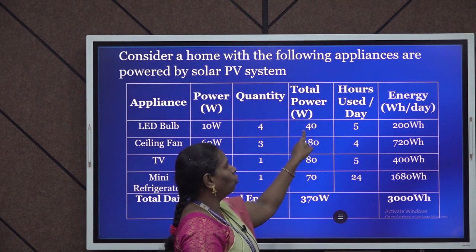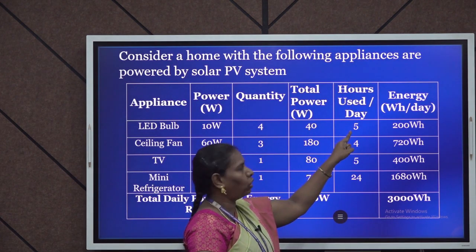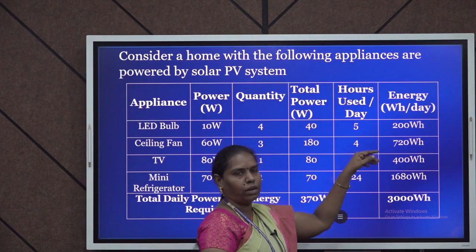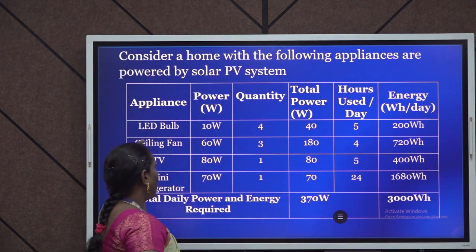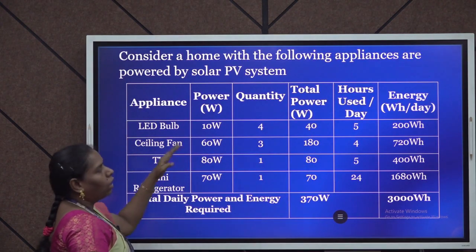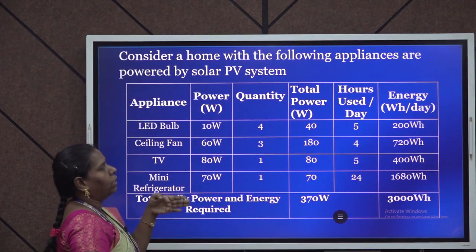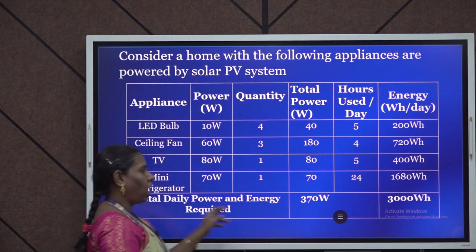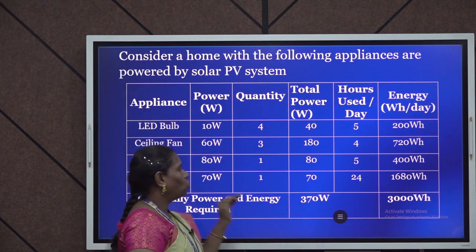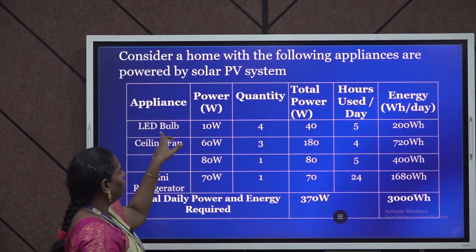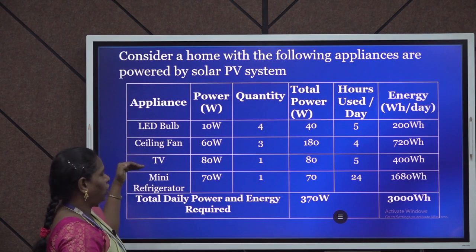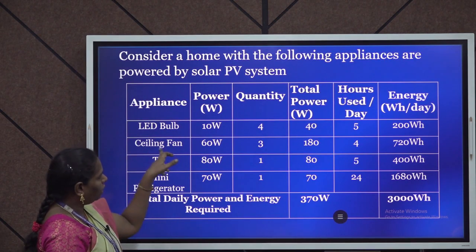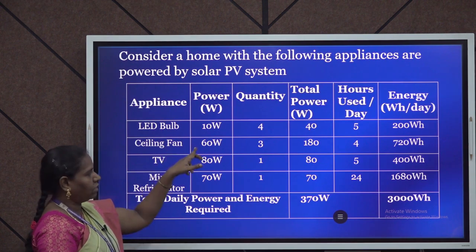So, just multiply the total power by the number of hours utilized. So, 40 into 5 is 200 watt hour. Similarly, we have to fill all the energy and power columns, and finally find the cumulative power. In this case study, I have mentioned the LED bulb, ceiling fan, TV, and mini refrigerator. For example, consider this ceiling fan of 60 watts.